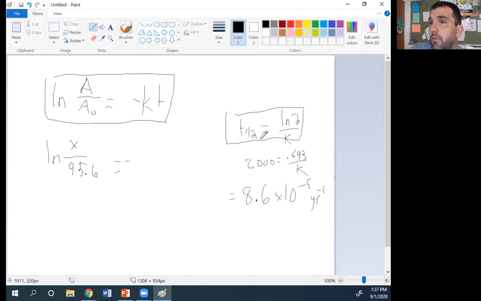So now I use this half-life equation, T1/2 equals ln2 over K. It's going to be given to you. You've got to know that when you're talking about rate of decay, how much something decays, and you're looking for a concentration or a time, you're going to use these two equations every time.